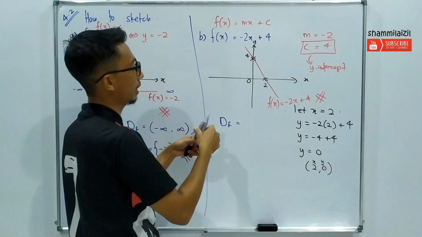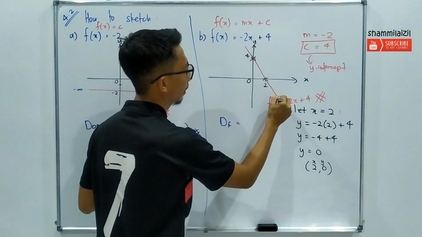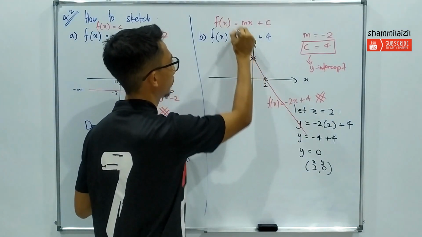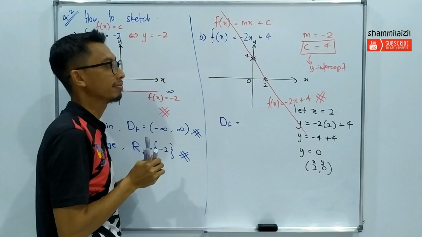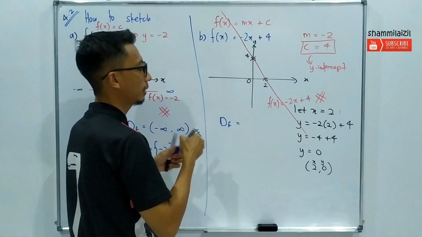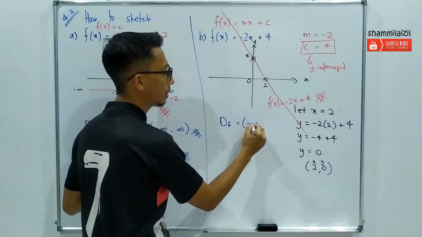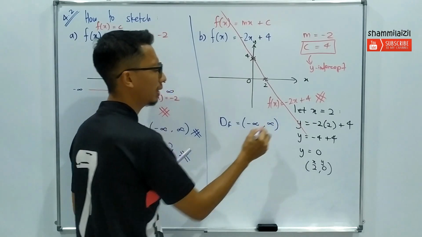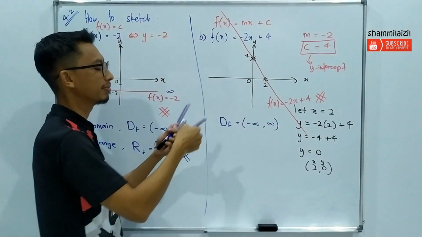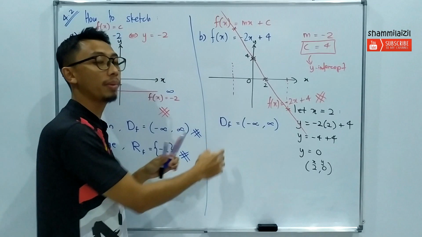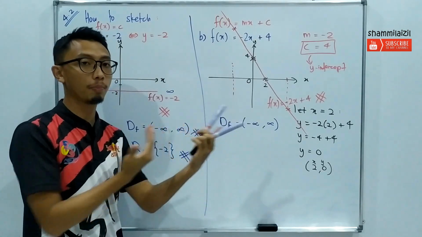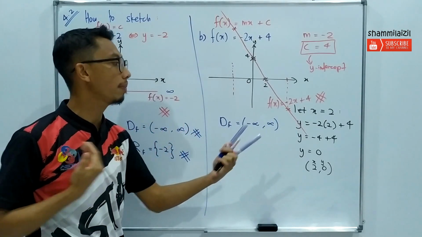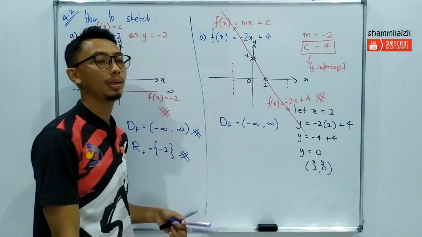And your graph actually extends this way. So that's why your domain is minus infinity to infinity. The domain is the horizontal part of the graph, starting from minus infinity to infinity.